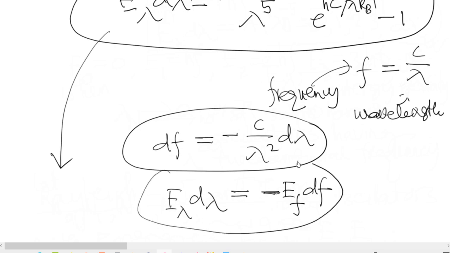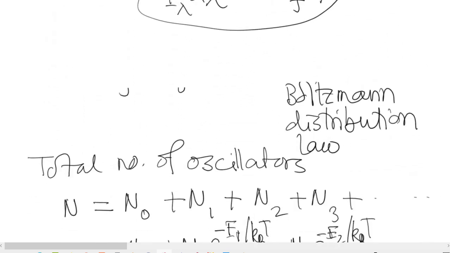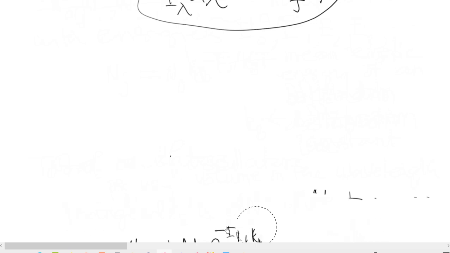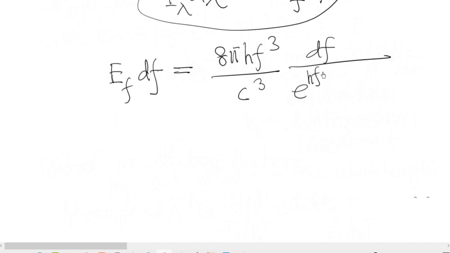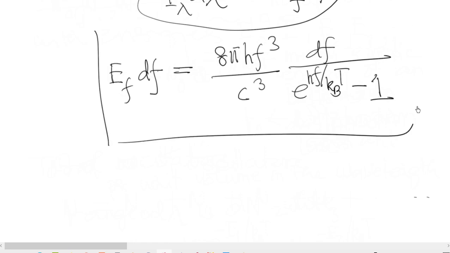So if you use these two and apply to this formula in terms of lambda, you will get a formula in terms of frequency f, and the formula will take the following form. This is another form of Planck's formula in terms of frequency.